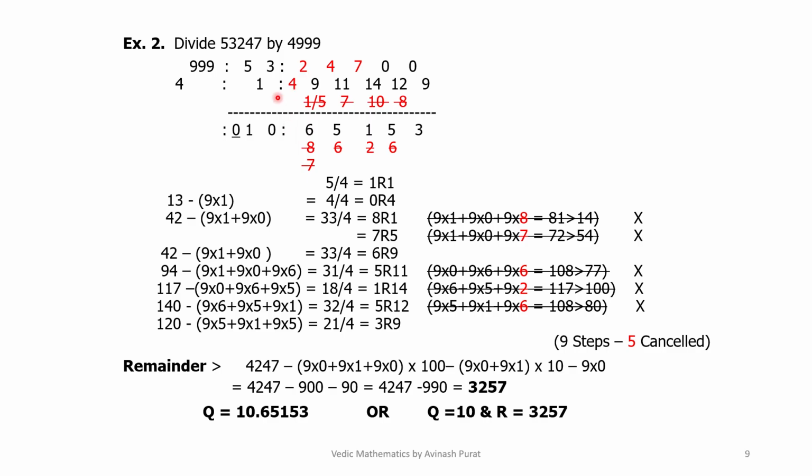So 42 is the next dividend, minus 9 into 1 plus 9 into 0 gives you 33 divided by 4 equal to. Now if we take 8 as quotient, remainder is 1.